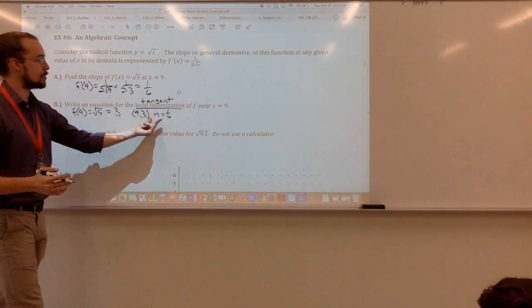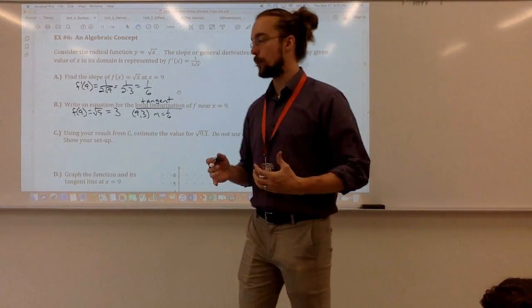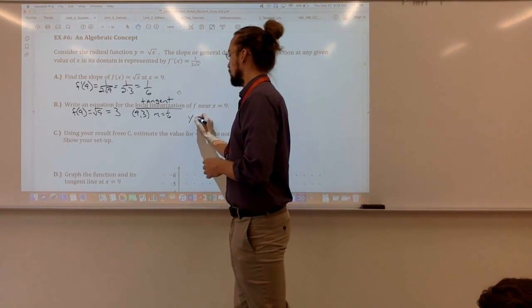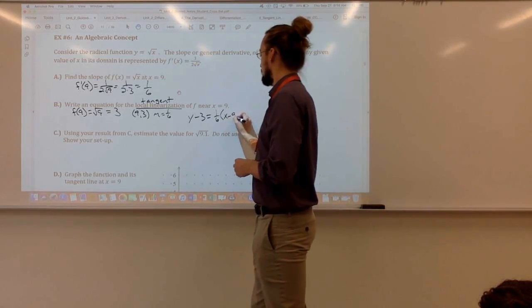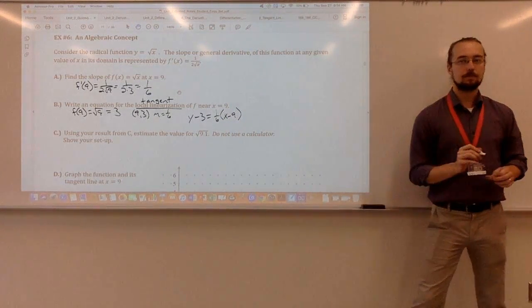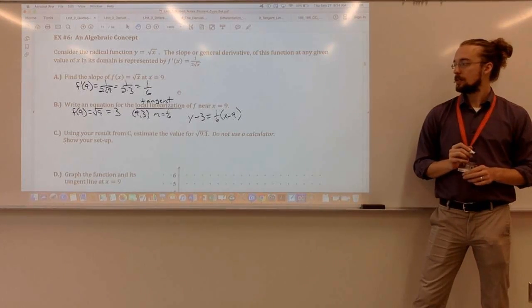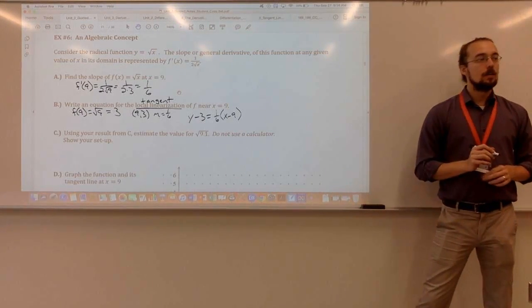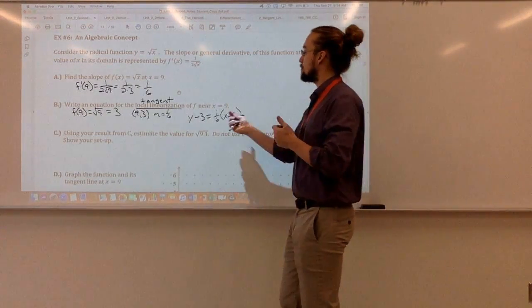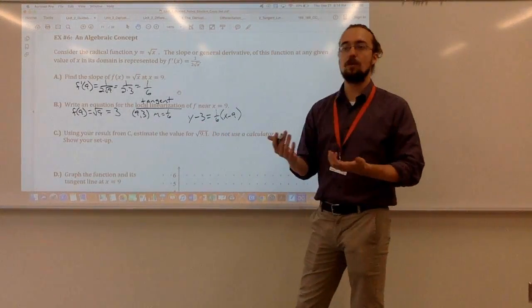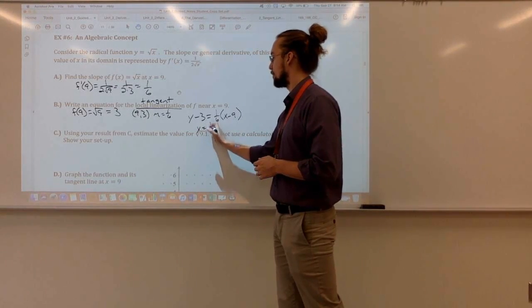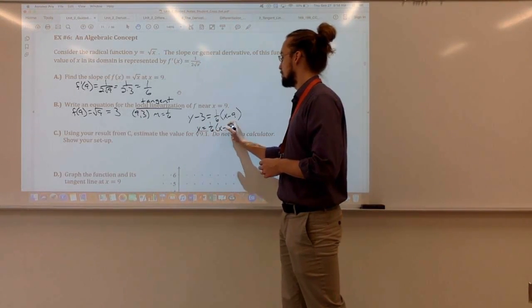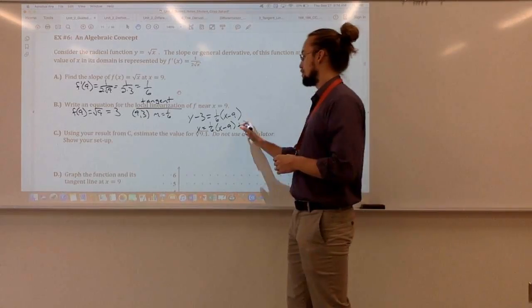Now I just want to take these pieces of information and write the equation of the line. So that's just going to be y minus 3 equals 1/6 times x minus 9. Or if I want to solve this for y, remember we talked about just adding that 3 over, so I can make it 1/6 times x minus 9 plus 3.